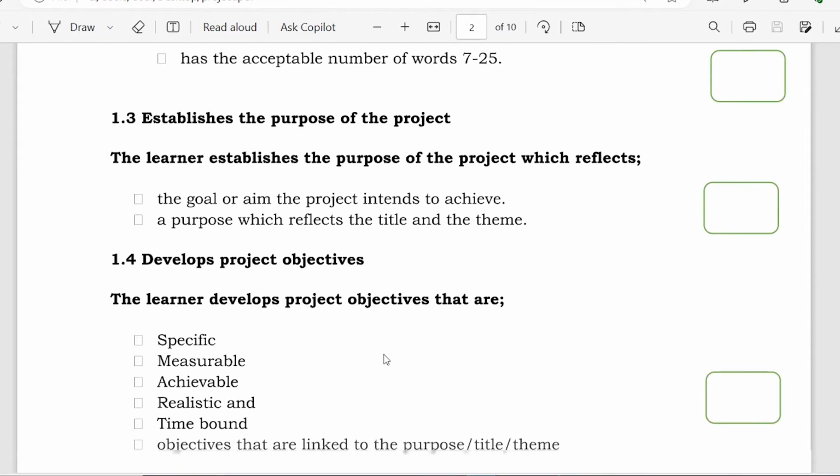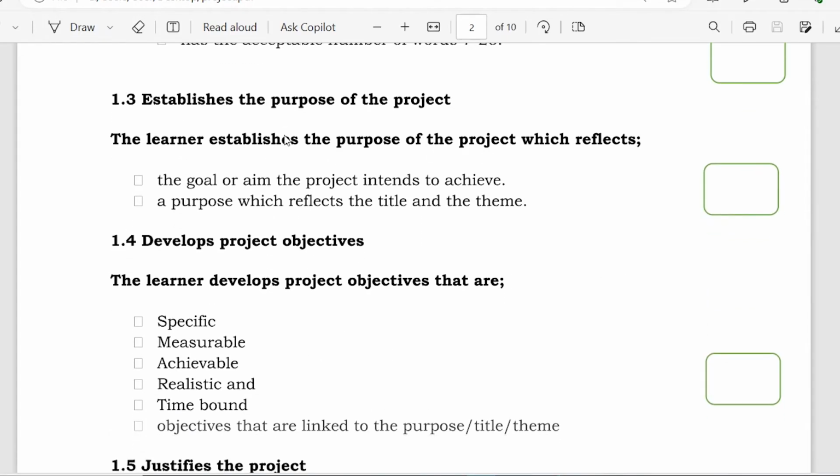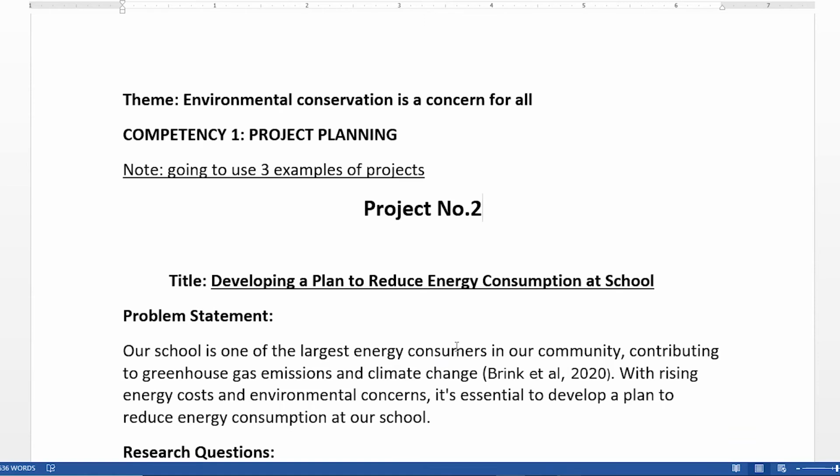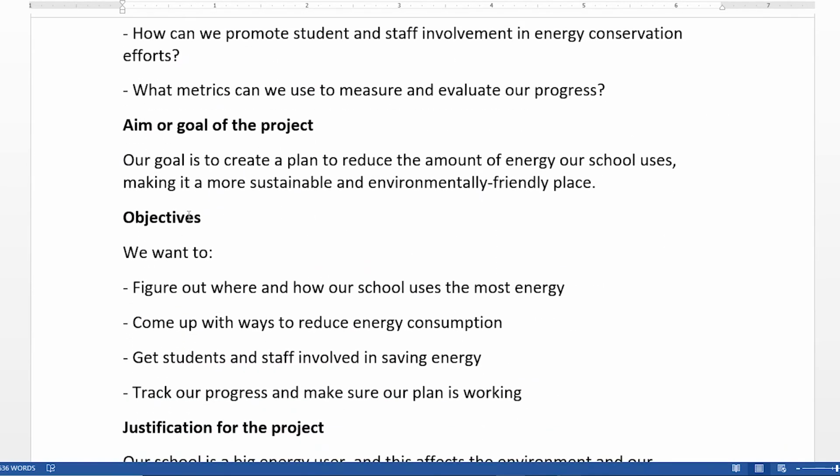And then after that, there is the purpose. The purpose is what the learner intends to achieve, but it must reflect the title and the theme. Now if you look at the purpose here, or the aim: our goal is to create a plan to reduce the amount of energy our school uses, making it more sustainable and environmentally friendly.